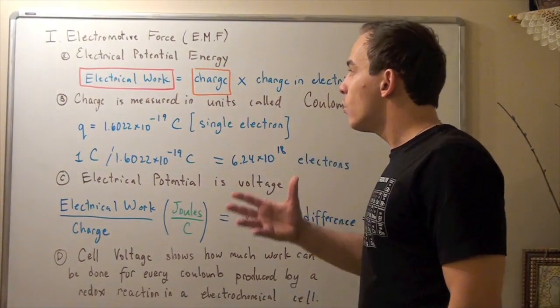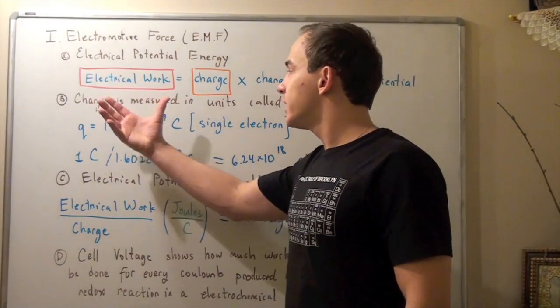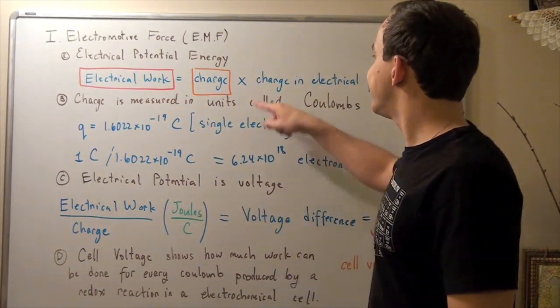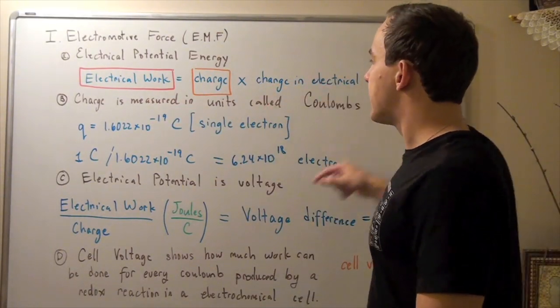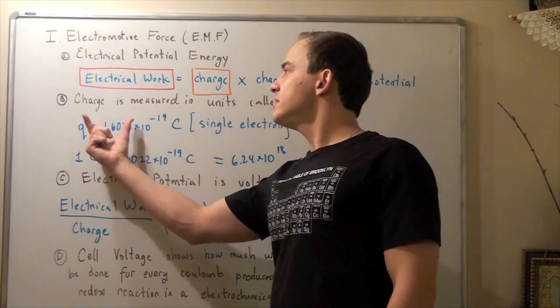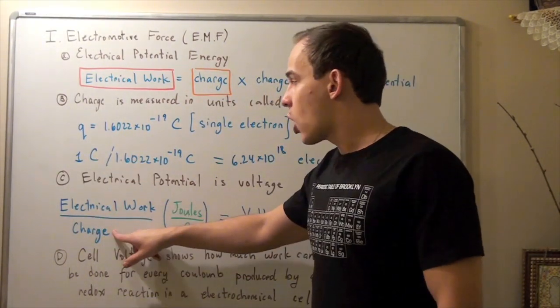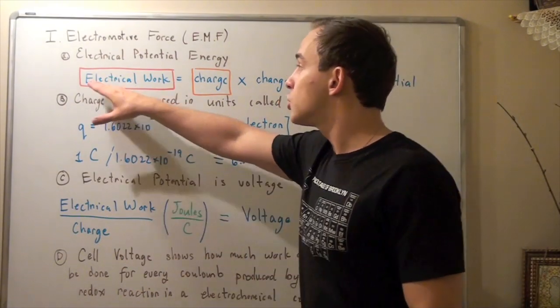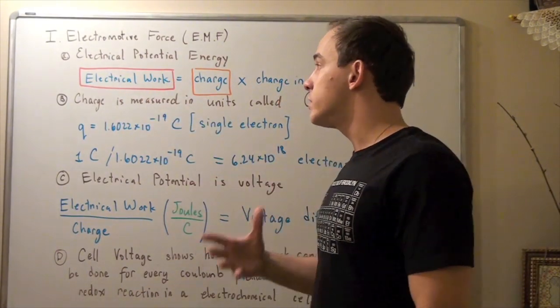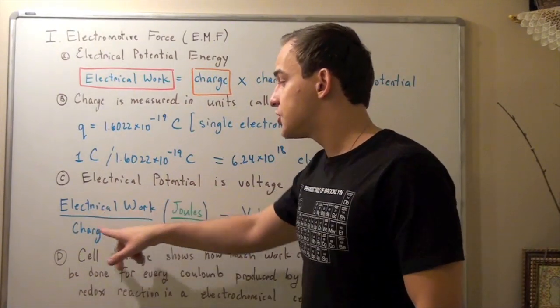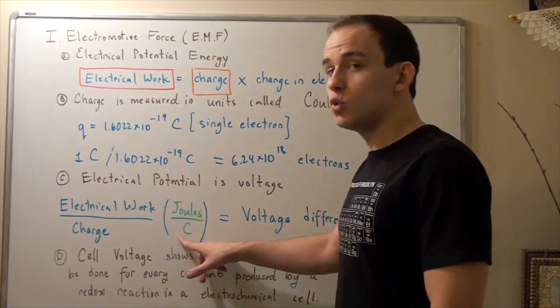So now that we know what electrical work is and what charge is, we can rearrange this formula to give us the change in electrical potential. By bringing this guy over to this side, we get electrical work divided by charge. And by the way, electrical work, like any work, has the units of joules. So the units of electrical work divided by charge is joules divided by coulomb.